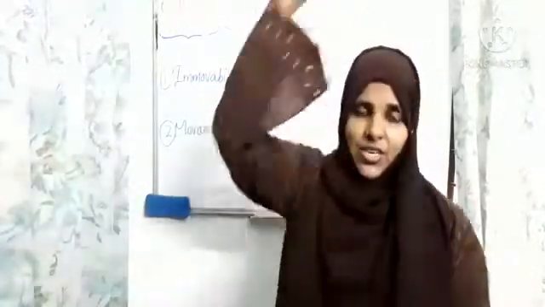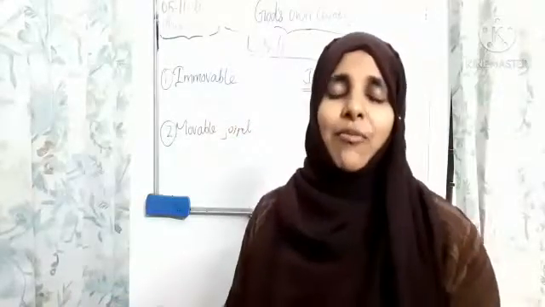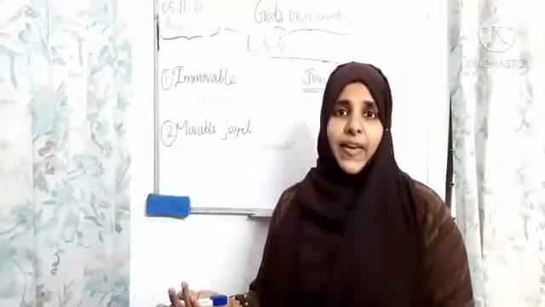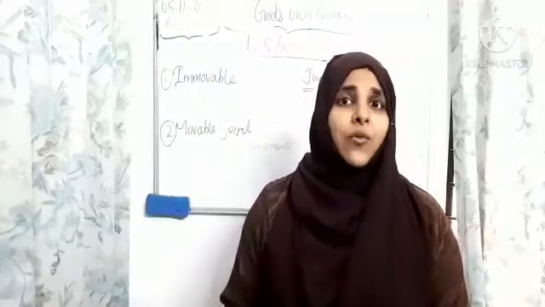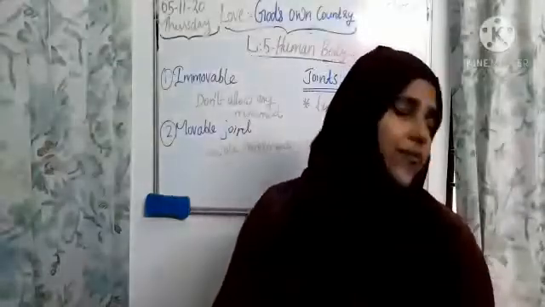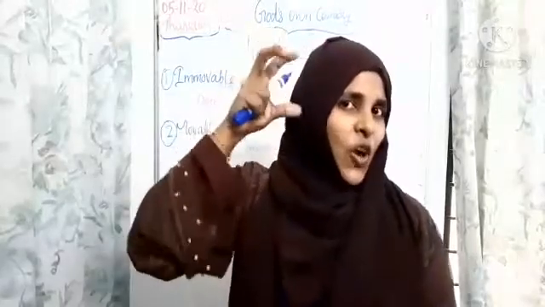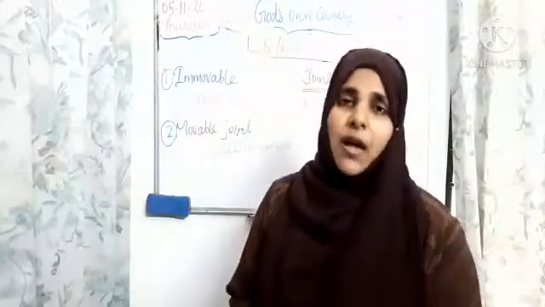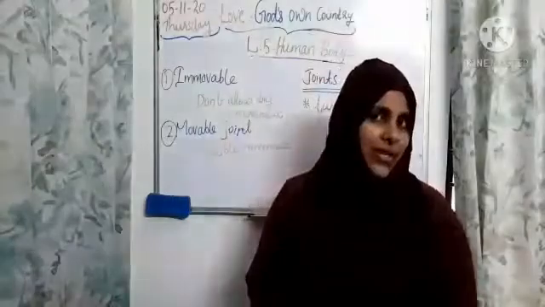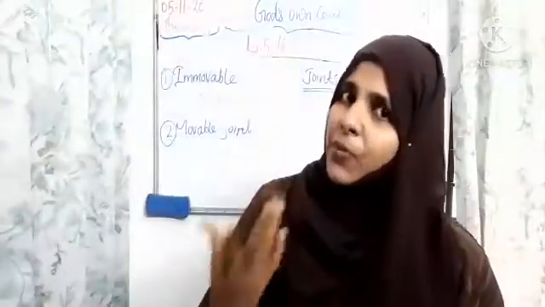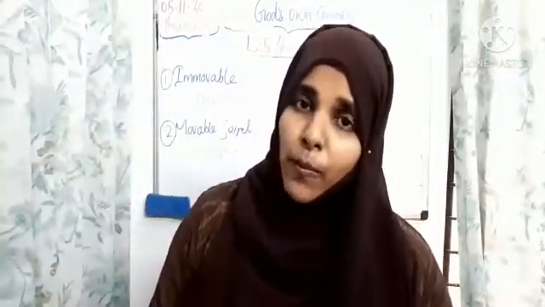And we can rotate. Another example of a movable joint is our neck. We can move right like this and left like this, and we cannot move backward. One lock is there, okay? But we can move here and here, right? So this is another type of movable joint.